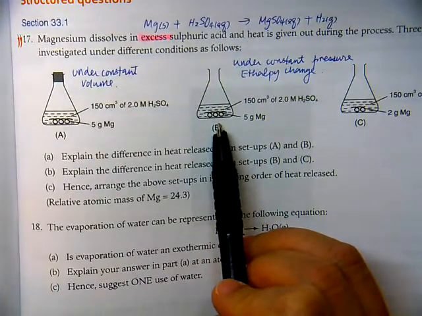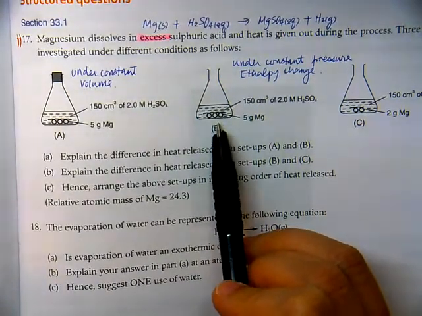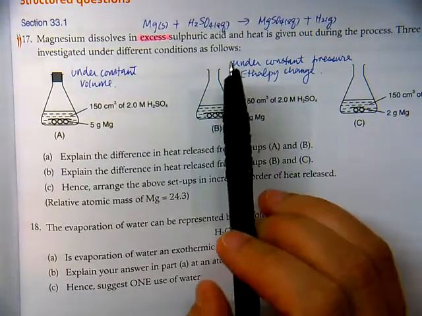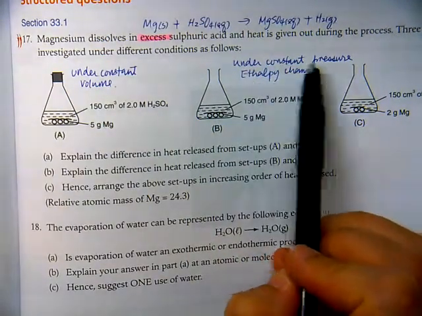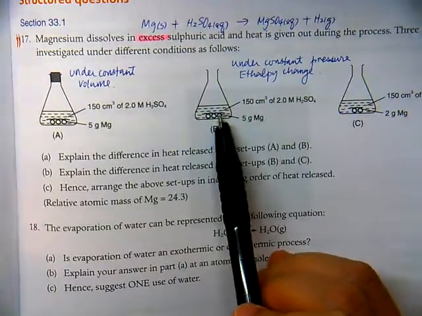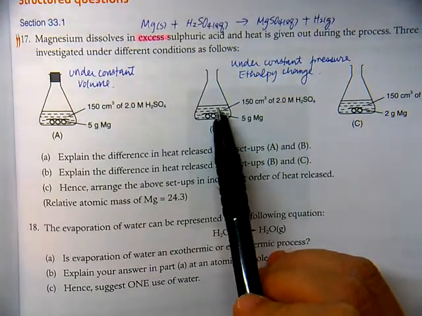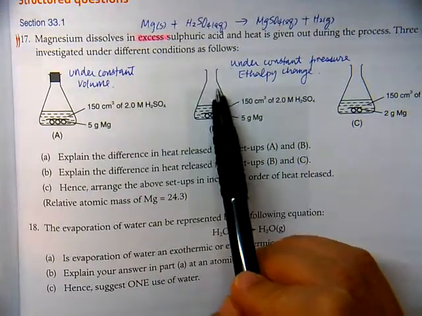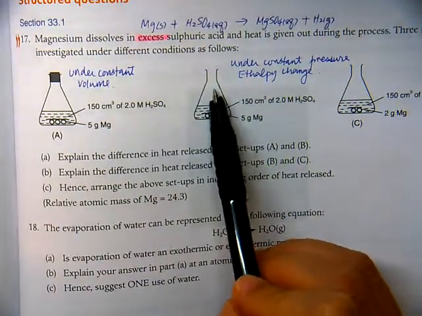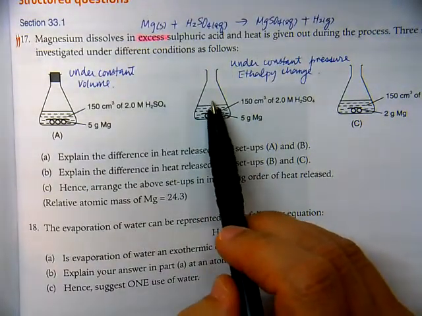However, for setup B, the reaction is carried out under constant pressure. Some energy in setup B is consumed to do work on the surrounding, because the gas is formed, which is the hydrogen gas.